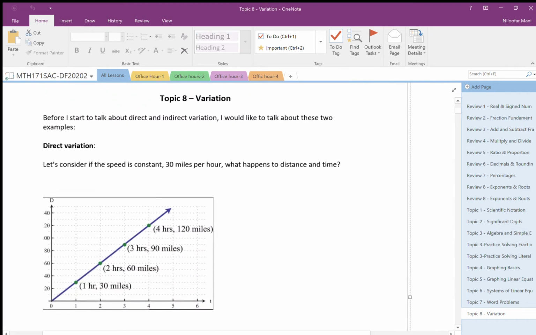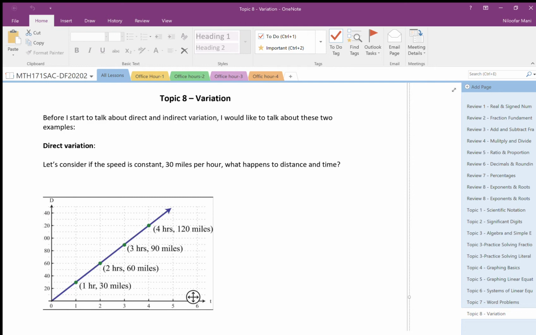Before I start to talk about direct variation, indirect variation, I'd like to give you two examples here. Let's consider that my speed, for example, I'm driving, my speed is constant, so I don't change it.